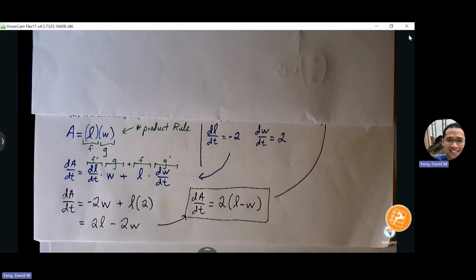So f prime g plus f g prime. Replace -2 for dL/dt, replace 2 for dW/dt. If I rearrange it and factor the 2 out, I get 2 times (L minus W). So any conclusion that we make based off of this, our answer is easy.